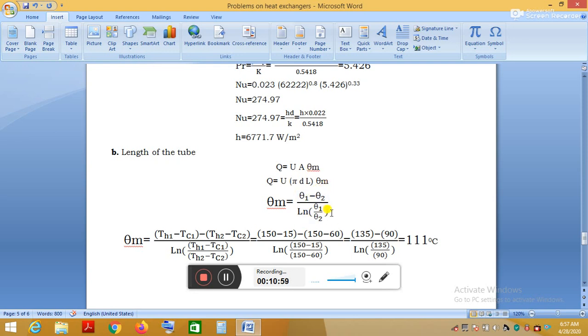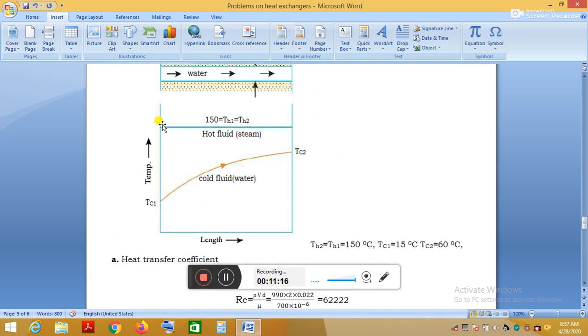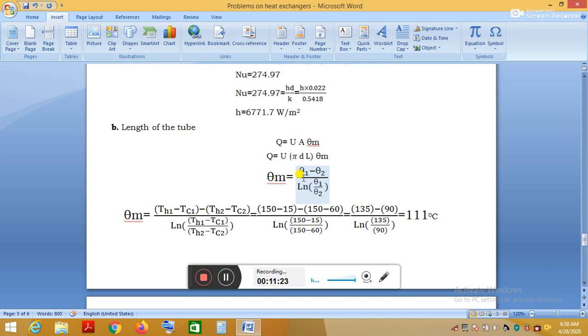LMTD for a parallel flow heat exchanger: theta 1 is the temperature difference on the left hand side, and theta 2 is the temperature difference on the right hand side. On the left hand side, the temperature difference is TH1 minus TC1. On the right side, TH2 minus TC2 for a parallel flow heat exchanger. Substituting these, we can find the theta m value.